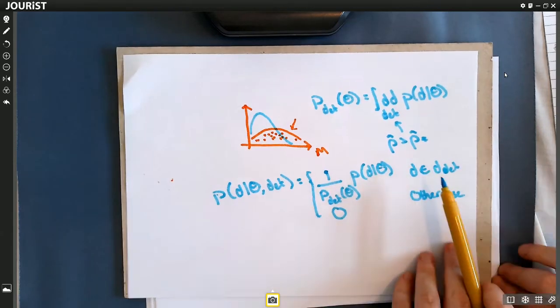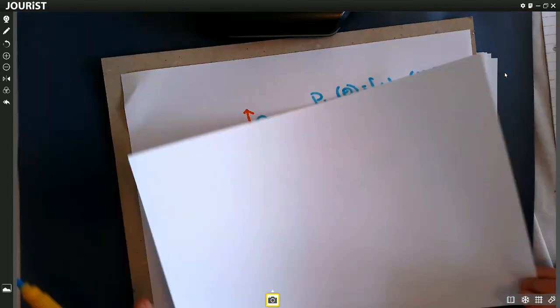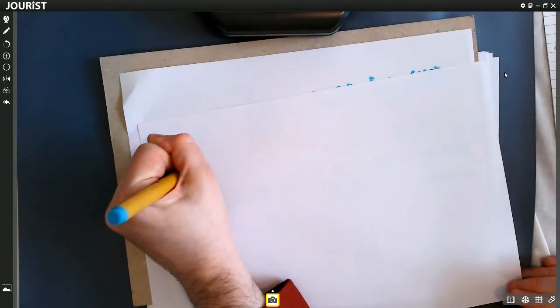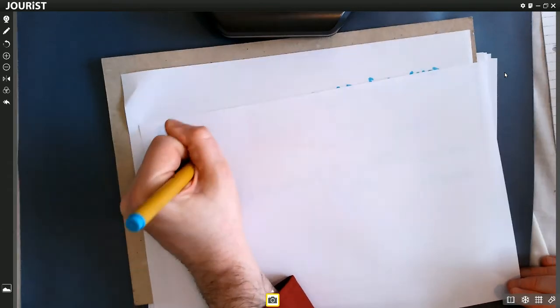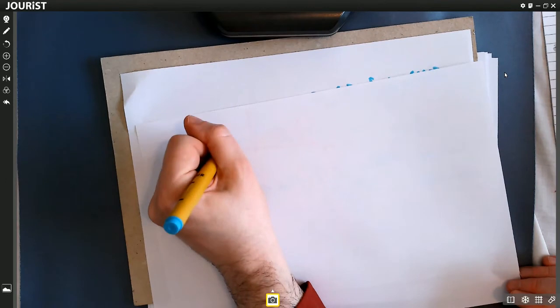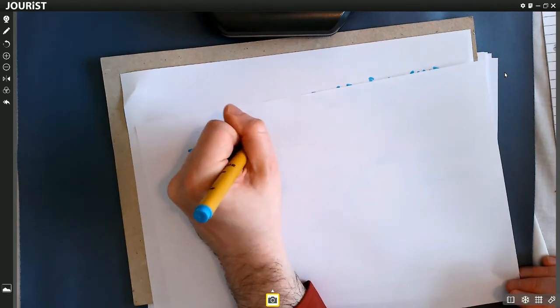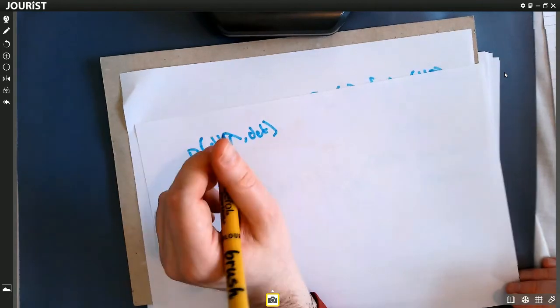But now let's move on to consider what's the probability of seeing some data given our model parameters and the fact that we have a detection. Okay.